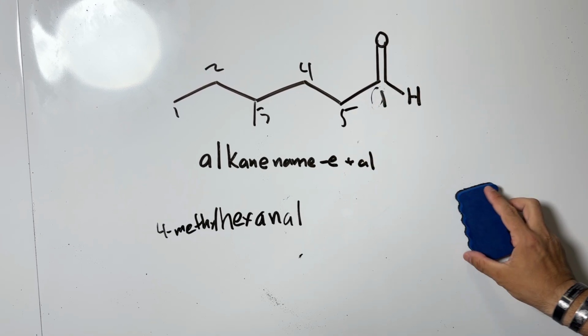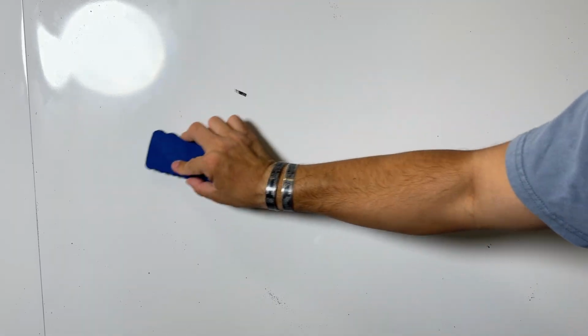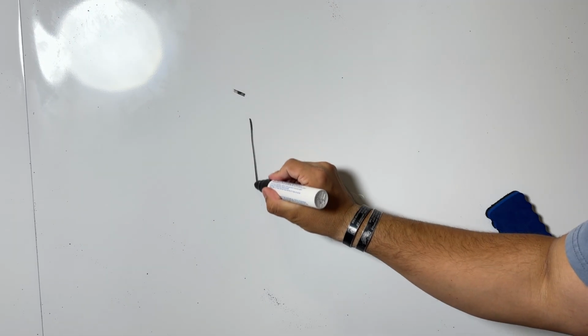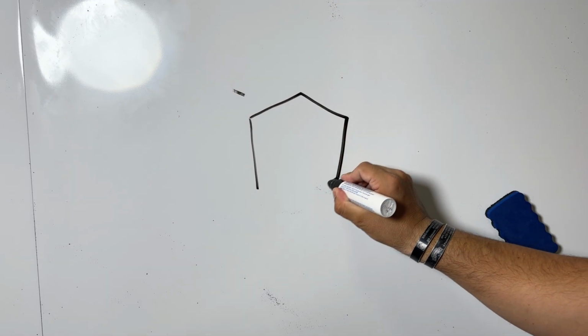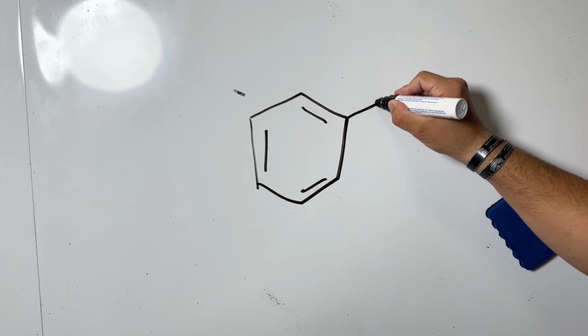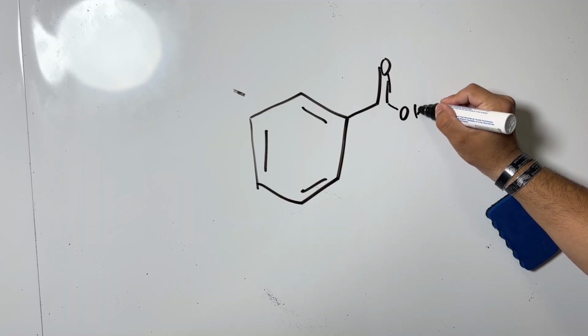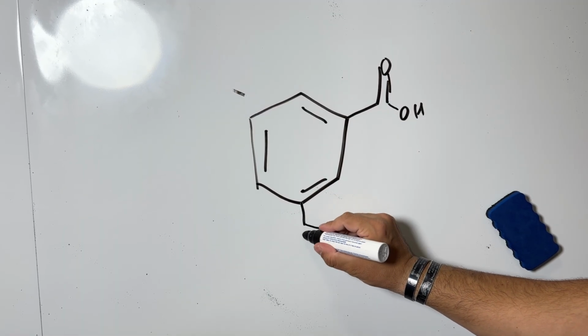Also, if it is a functional group, say we have, let's go with benzoic acid. So we have benzoic acid here. As you can tell, I'm not an artist. Say we have our aldehyde over here.